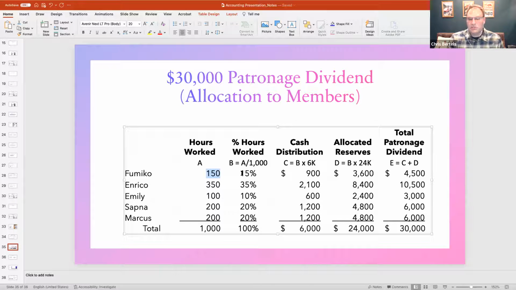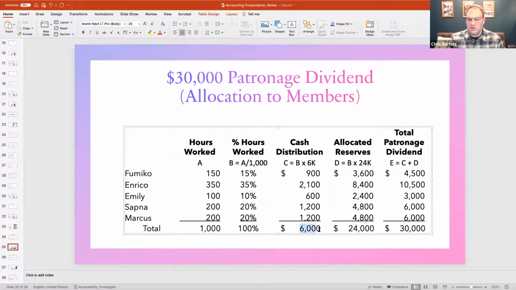So that's 15% of the hours. That means she's going to get 15% of the patronage dividend. You can see down here, the total is $30,000. This refers to the $30,000 that we've seen on the previous slides.